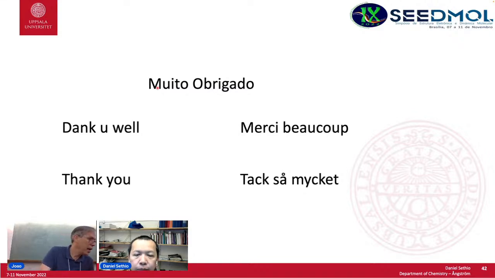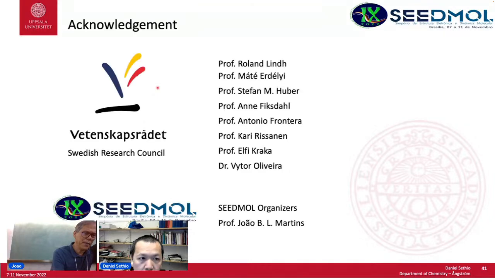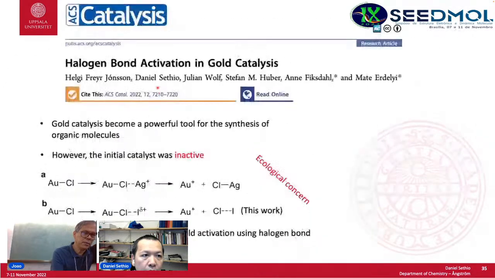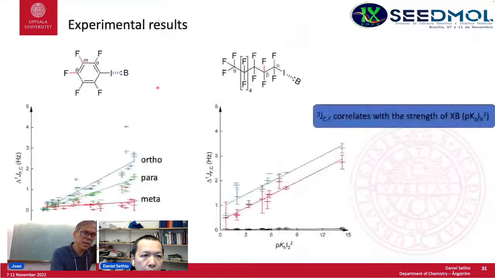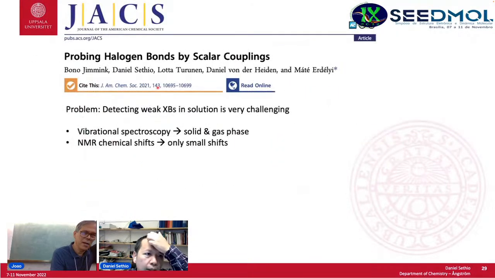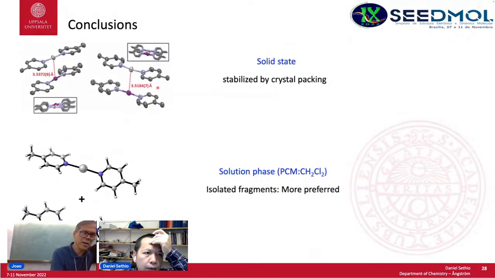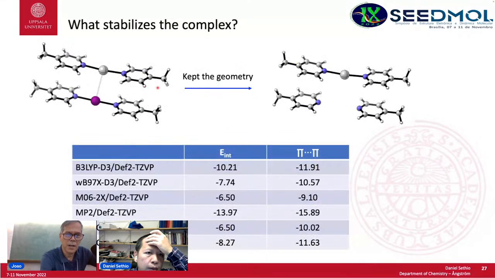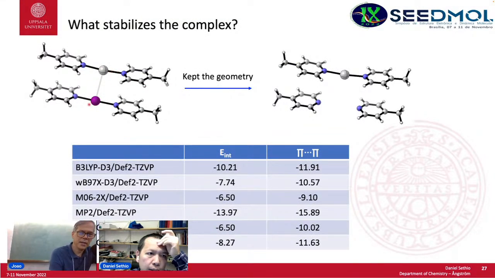I have a question here. How about the local modes? Have you used it for this interesting cation interaction? Yeah. I have used the local mode, for example, to see whether this complex exists in solution.